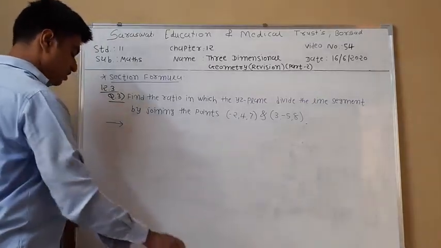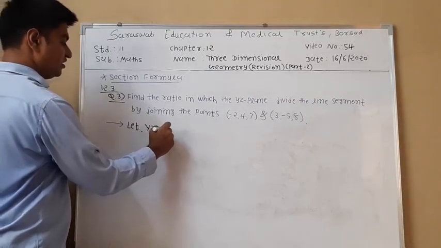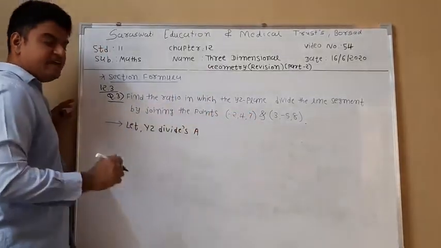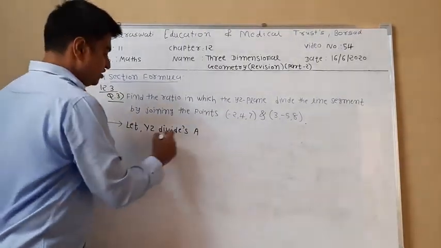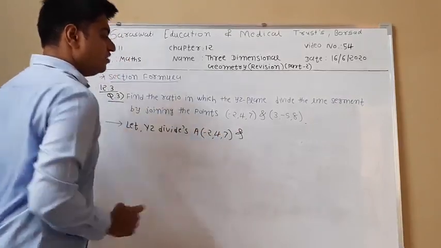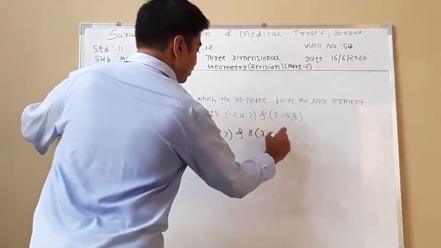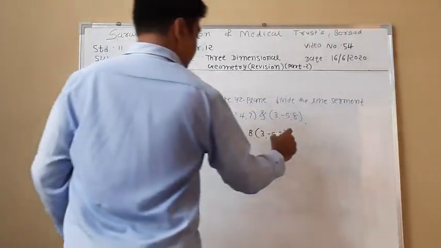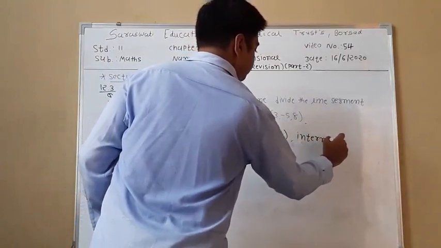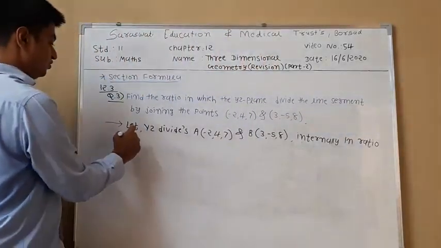So our first step: let YZ divide this coordinate, say A, and another coordinate, say B. So let YZ divide A, in bracket -2, 4, 7, and B coordinate 3, -5, 8, internally in ratio m ratio n.